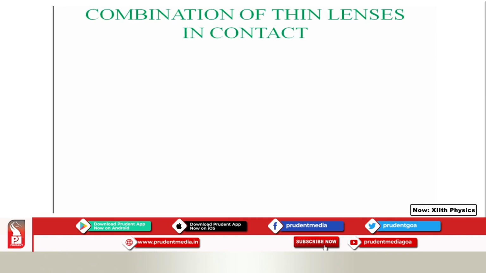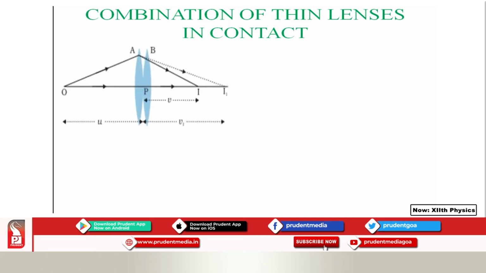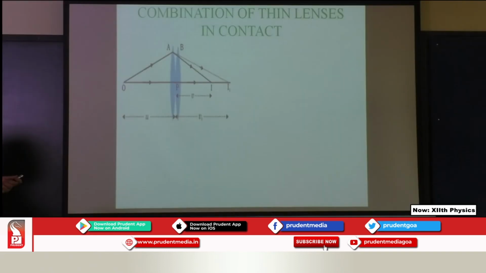So, now let us move on to the combination of lenses. What does that mean? We have kept two lenses in contact, a simple and short derivation. There are two thin lenses in contact. We have the object, the rays are moving here, and after refraction you are getting the image at I. Now, we know the thin lens formula, correct?